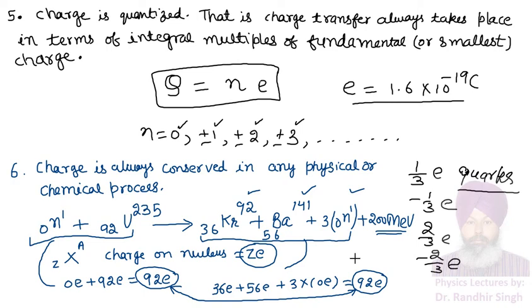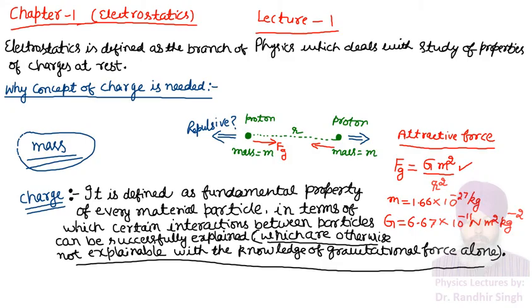The answer to this question could not be given with the help of gravitational force alone, but it could be very easily given with the help of knowledge of charge and the properties of charges. So I have now returned to the first page of this slide show. You can see this repulsive force, which could not otherwise be explained with the help of gravitational force.